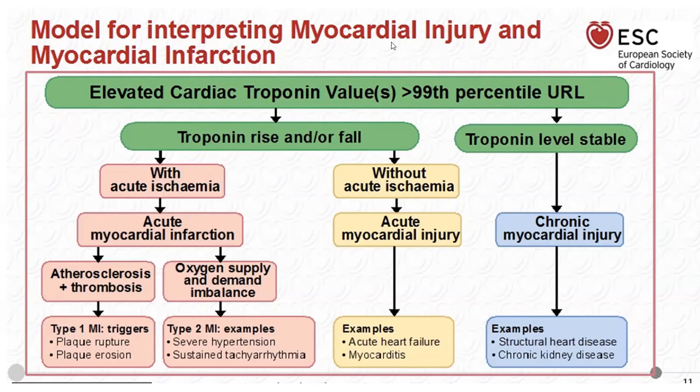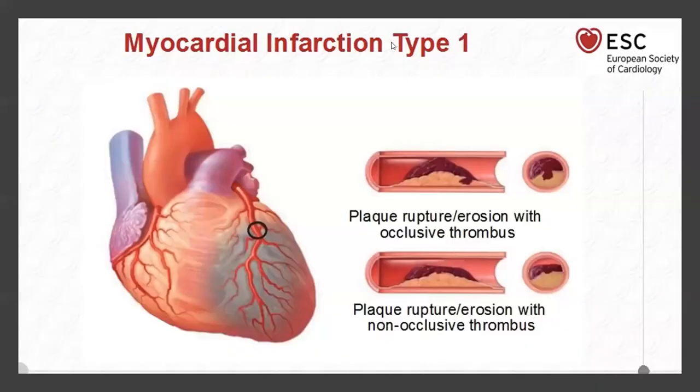If the troponin level is not increasing by more than 20% and the patient has chronic kidney disease, it is most likely secondary to another cause or the kidney disease itself and not really a myocardial infarction. So it is quite important to note the rise and fall of your cardiac troponin.